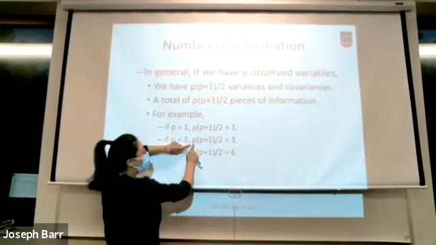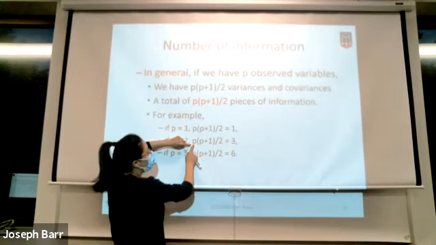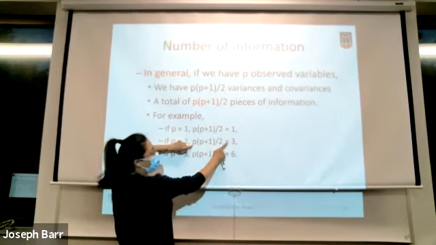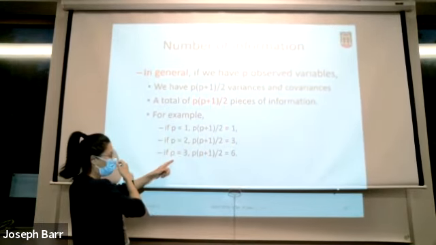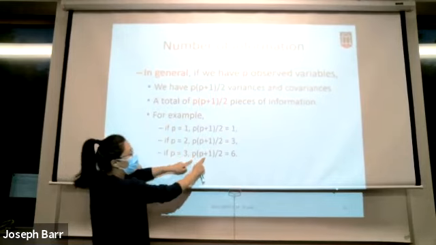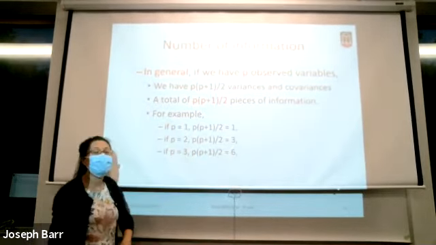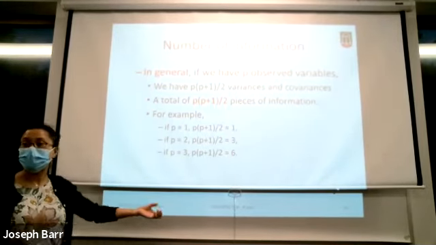So p times p plus 1 divided by 2: 2 times 3 is 6, divided by 2, it's 3. But when p is 3, what's the number of information? 3 times 4 divided by 2, it's 6. So 6 pieces of information are ready if you have 3 variables.